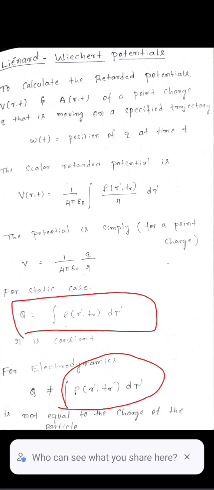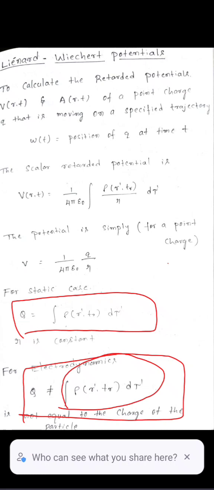These charges are moving with a particular velocity v. This problem arises due to the speed of the charges, so the volume integral of rho of r prime t_r d tau prime is not equal to q because of the movement of the charge.